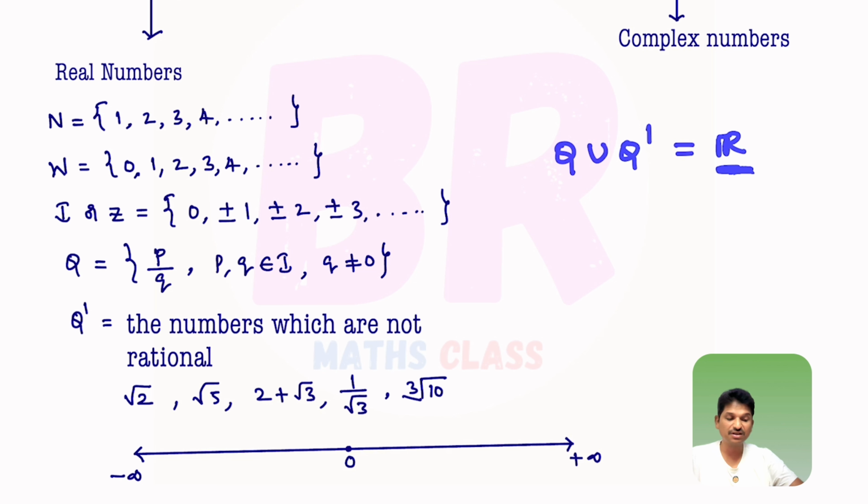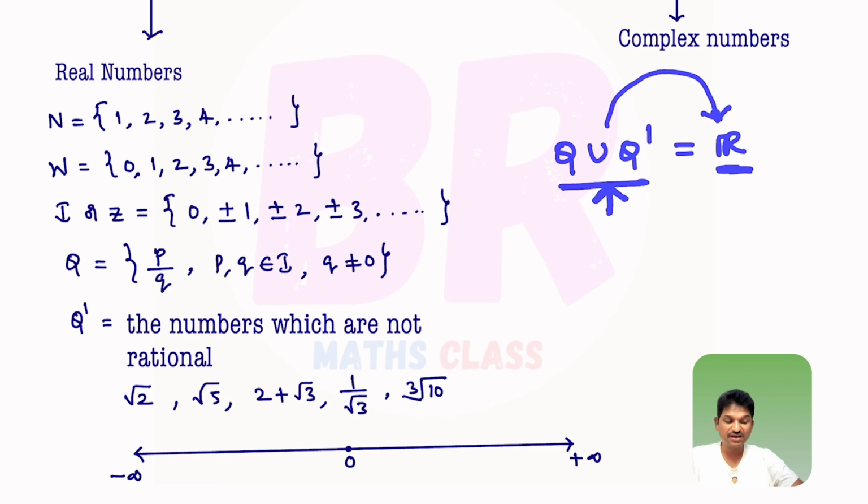What are real numbers? Union of rational and irrational numbers are known as real numbers. Union comes in the sets chapter. In case you don't know what union is, rational numbers and irrational numbers together are known as real numbers.